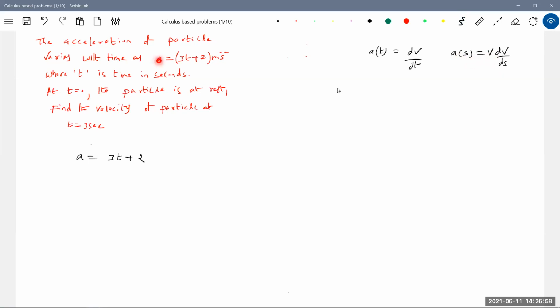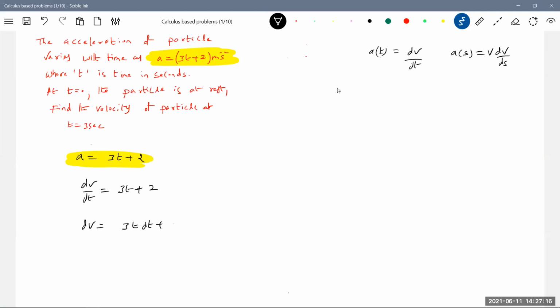So look at the acceleration. It is, in fact, a function of time. So based on this, it can be written as dv by dt equals 3t plus 2. Now simplify it: dv equals (3t plus 2) dt.